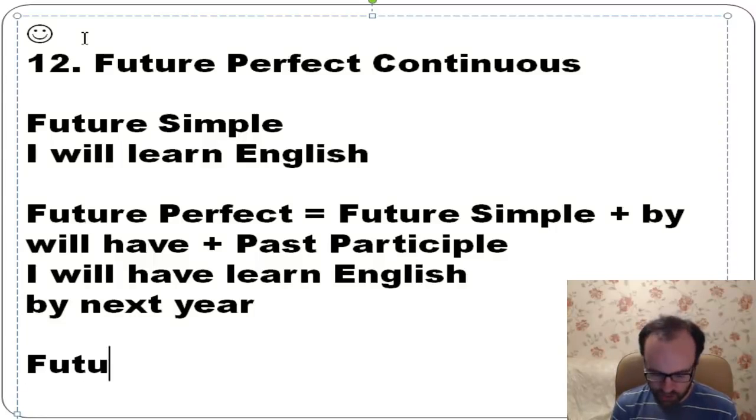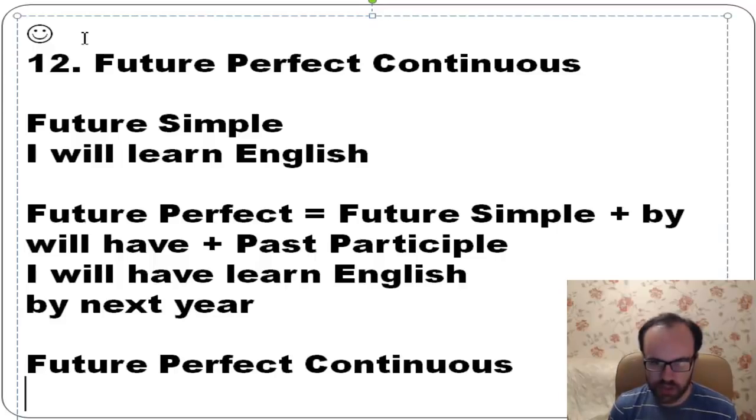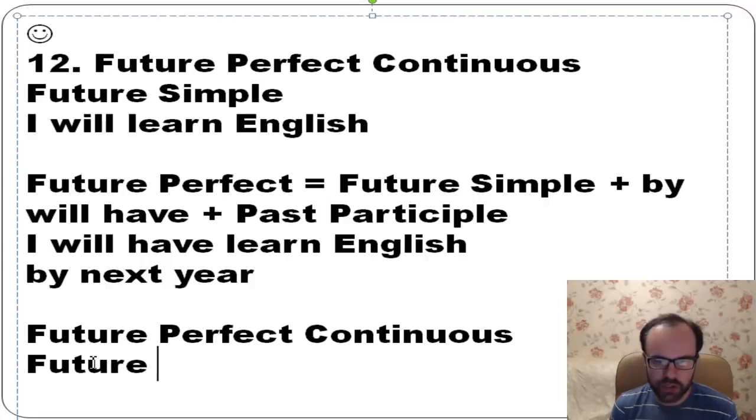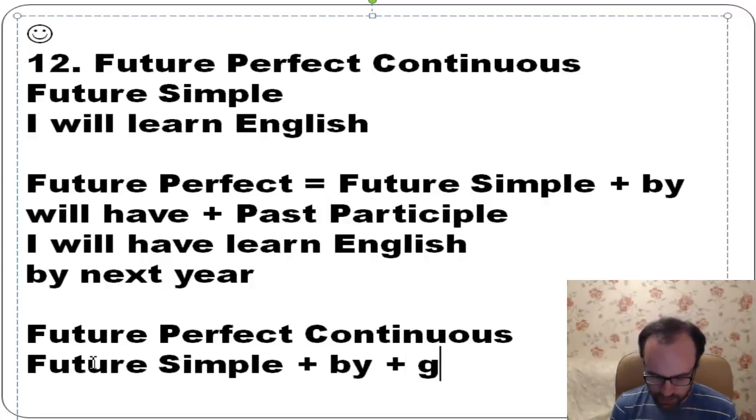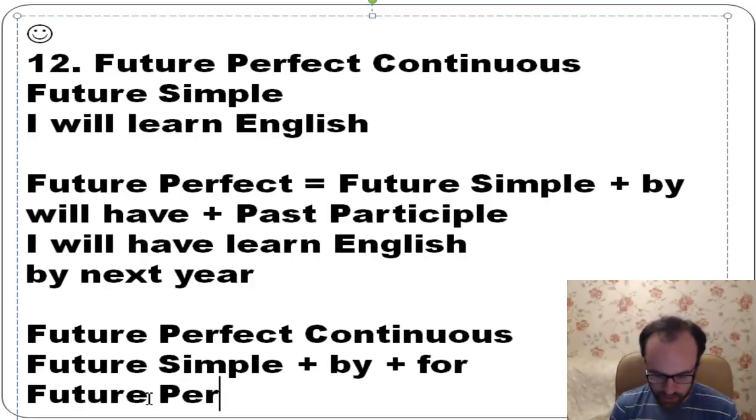So what is future perfect continuous? It's future simple plus by plus for, or it's future perfect plus for.